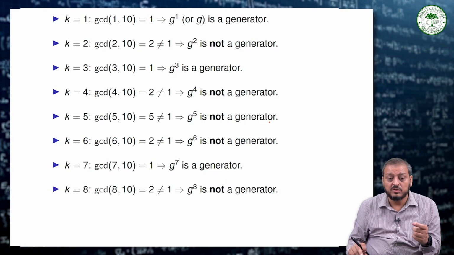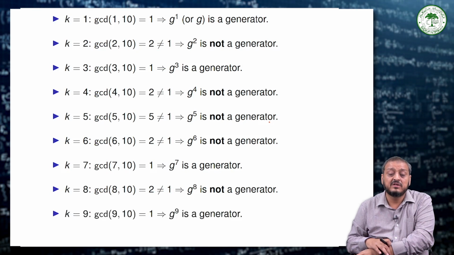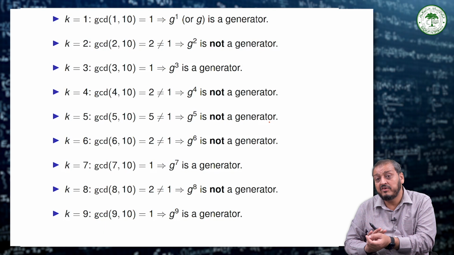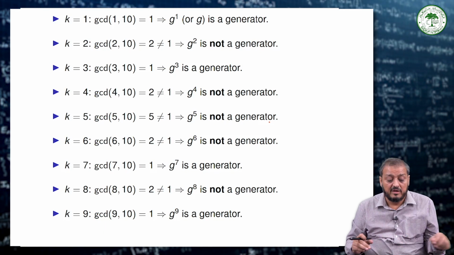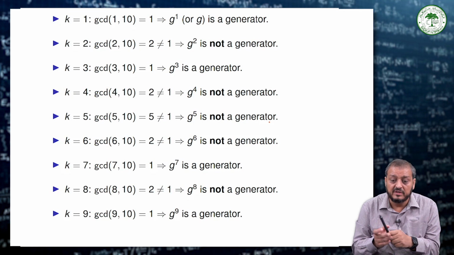Now, the last case, g to the power 9: GCD of 9 and 10 is again relatively prime. So, clearly g to the power 9 is a generator.